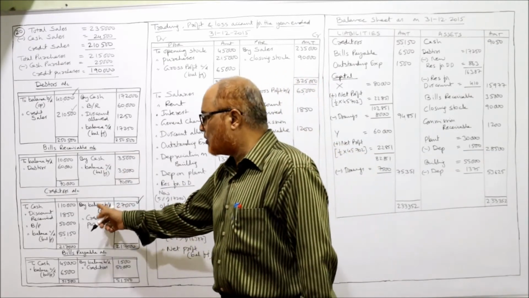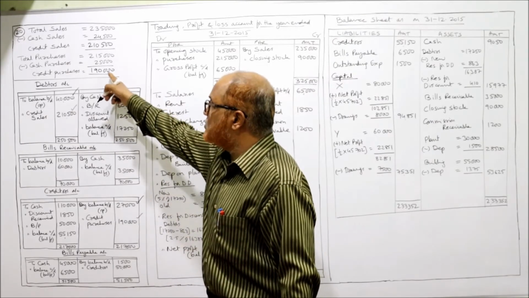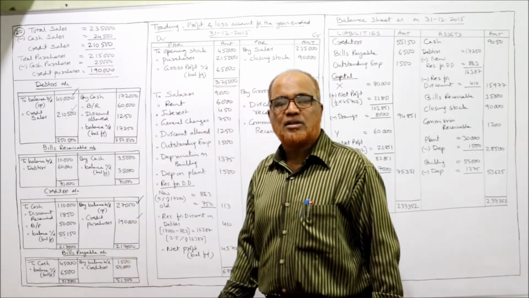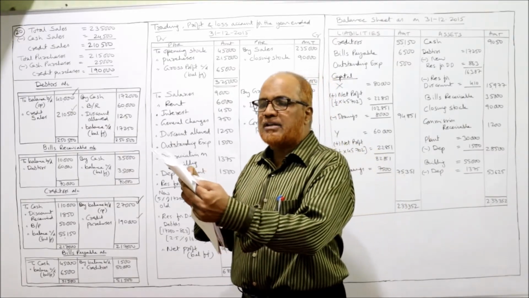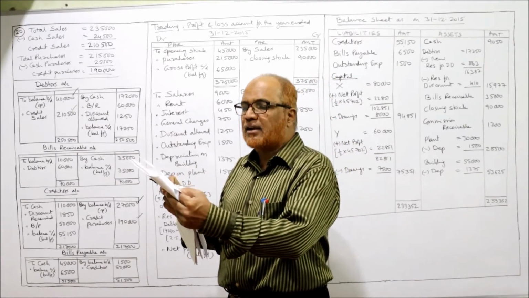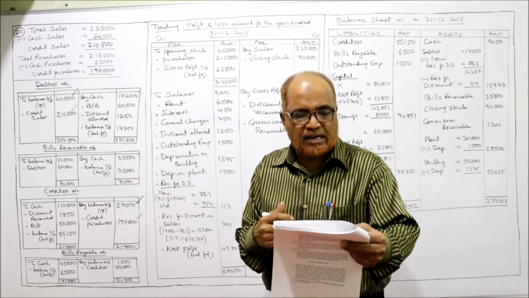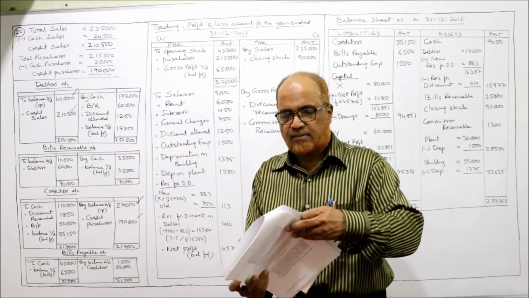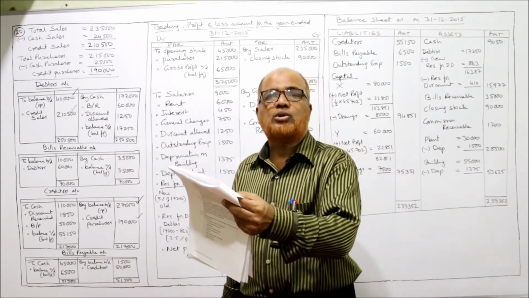So creditors account credit side, by purchases, 1,90,000. Right? Now cash received. Come to the cash book. In the cash book debit side, received from sundry debtors, not 6,000, it is amount received from debtors 1,72,000.